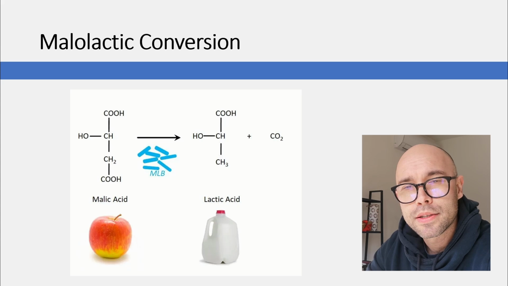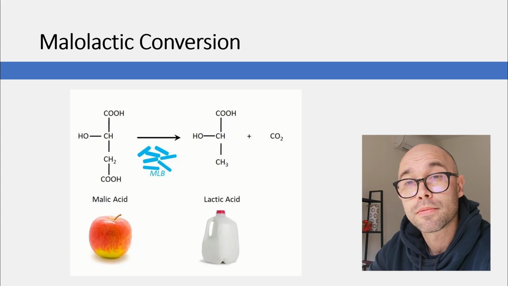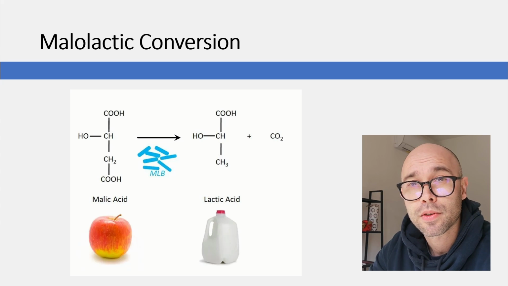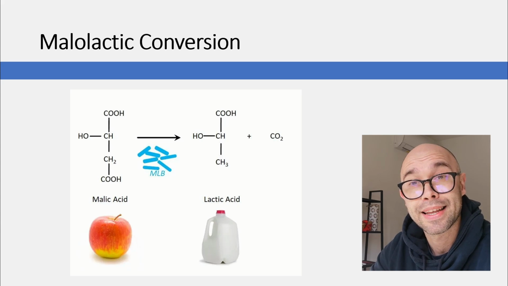For white wines, malolactic conversion is an option. So this malolactic conversion, like I said, will impact flavor, buttery, creamy, yogurty flavors, and it will lower the acidity. So this is a choice if a winemaker wants these kinds of flavors and acidity to be changed in a wine.